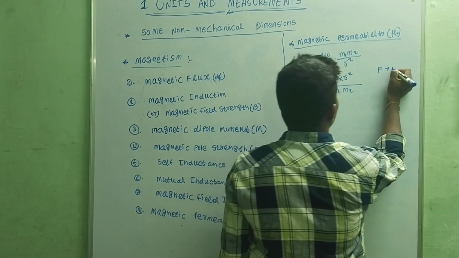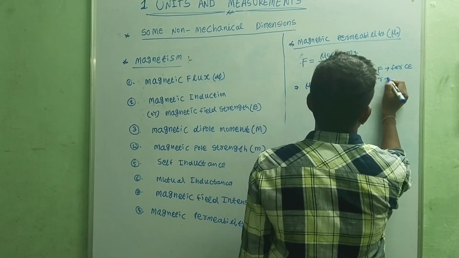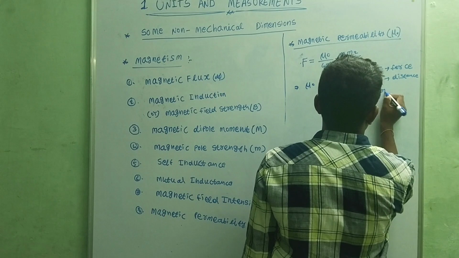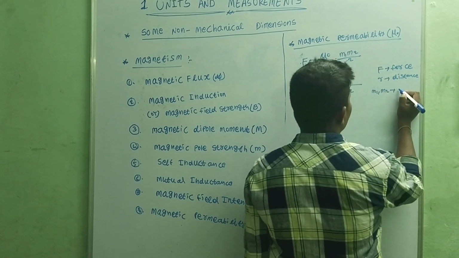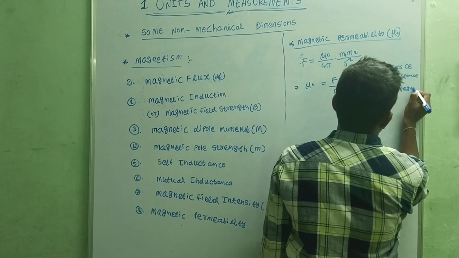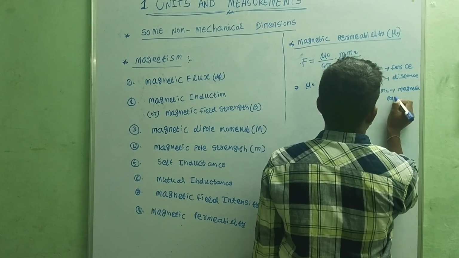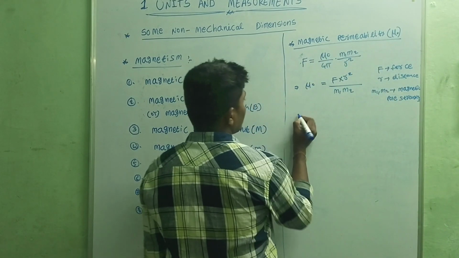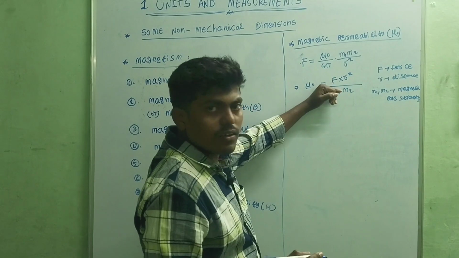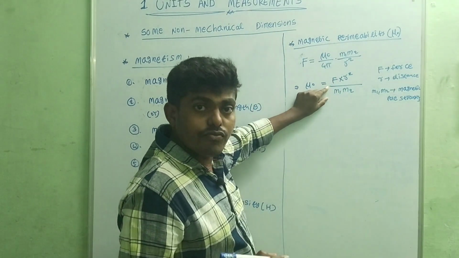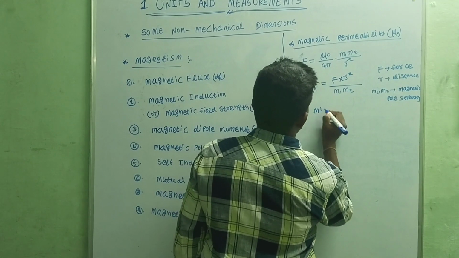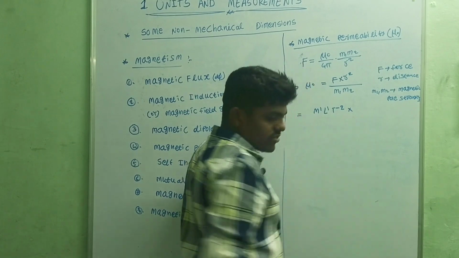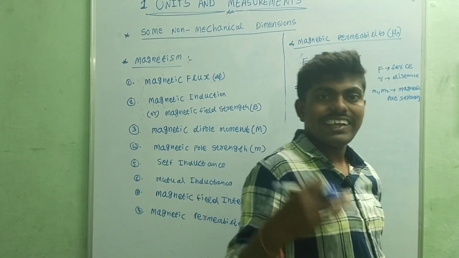Here F is force, r is distance, and m1, m2 are the magnetic pole strengths. Already we know the dimensions of force, that is M1 L1 T minus 2, and the dimensions of length squared, meter square, that means L2.